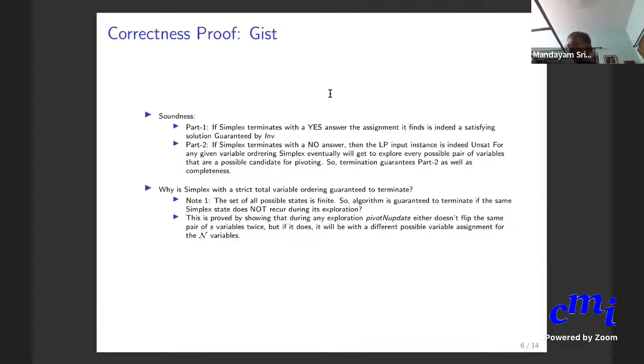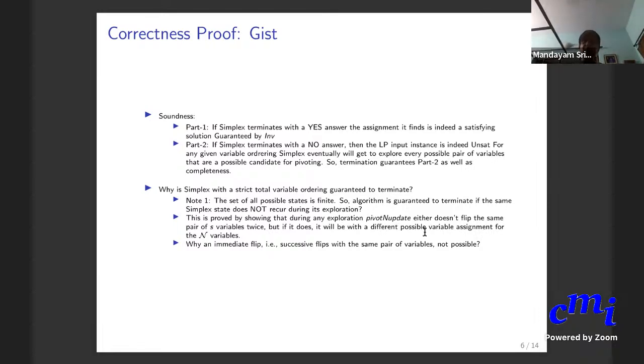Okay, so it's 5:37. Why an immediate flip is not possible, I've already shown. But to show that you cannot have a transitive flip, where you flip with some other variable and then bring the original variable back to the basic set, when that happens the variable assignment would have changed.